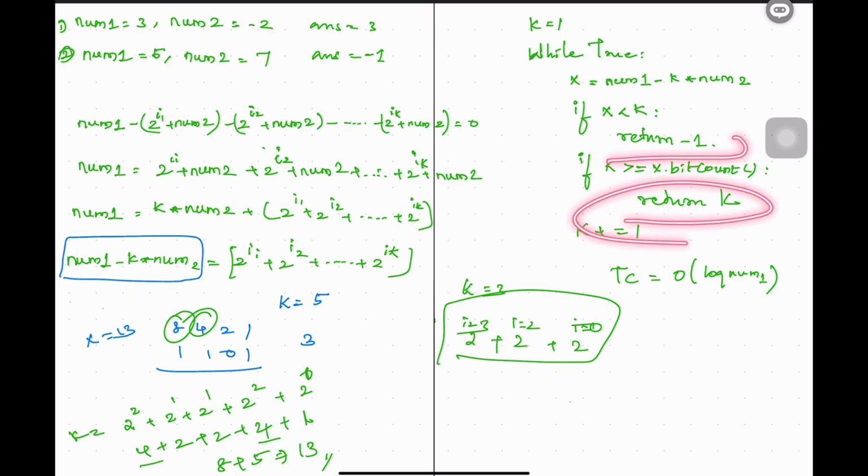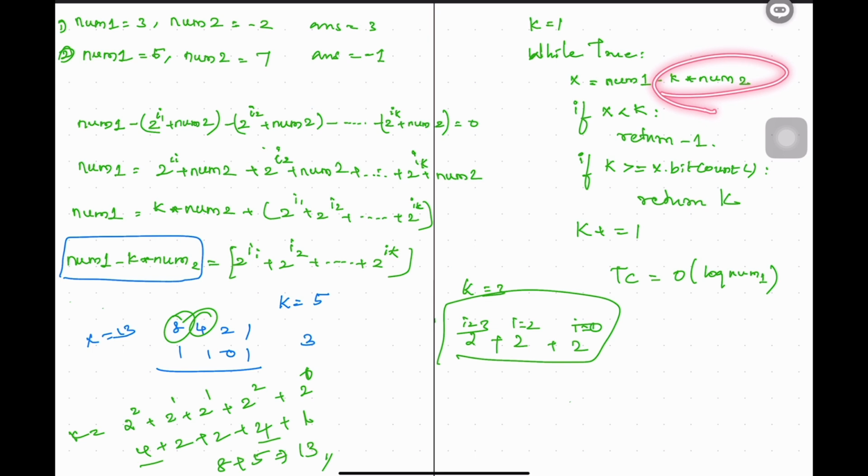If not, we'll be returning k. So as num1 decreases monotonically, k increases. The space complexity is constant, because we are not using anything except two variables.